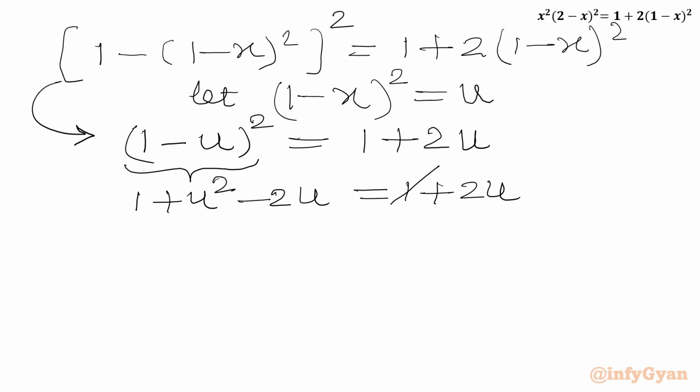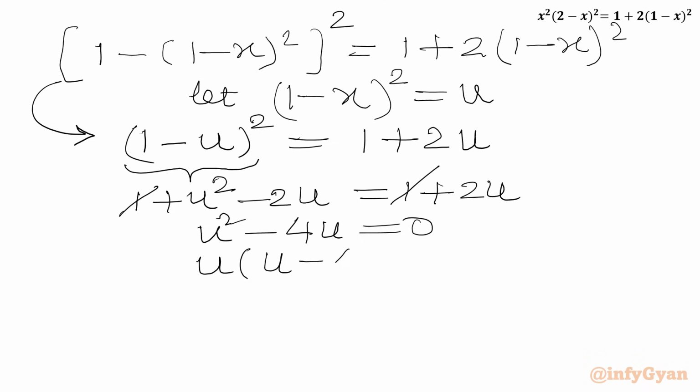Now we will subtract 1 from both the sides. So I can write u square minus 4u equal to 0. Now we will take u common out. u times (u minus 4) equal to 0. Using product 0 rule, we can write either u equal to 0 or u equal to 4.